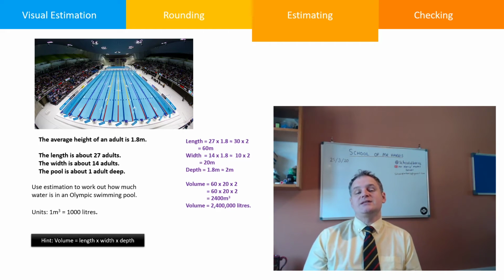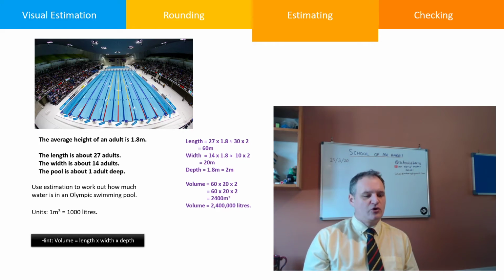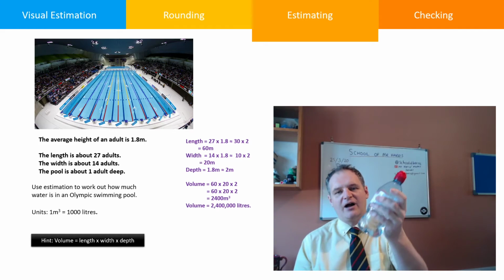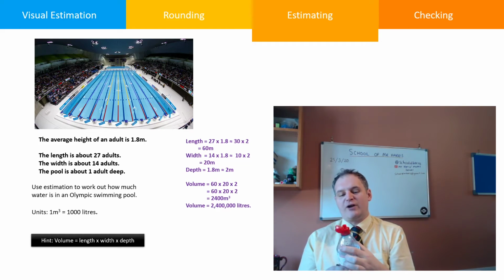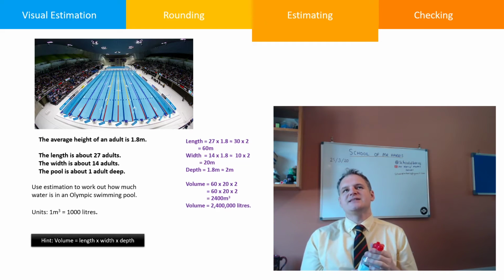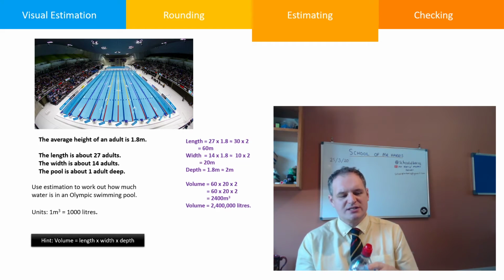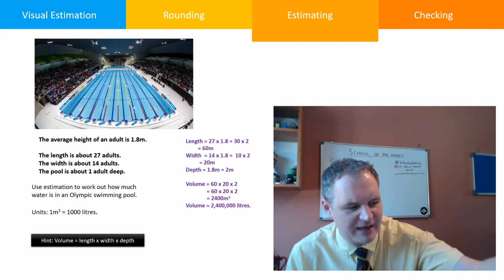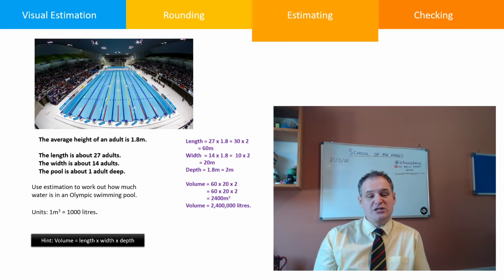2.4 million litres. When you drink some water, so I've got some water here, I've been keeping myself refreshed with this during the morning. This is 75 centilitres, so it's about 750 millilitres, which is nearly a litre.